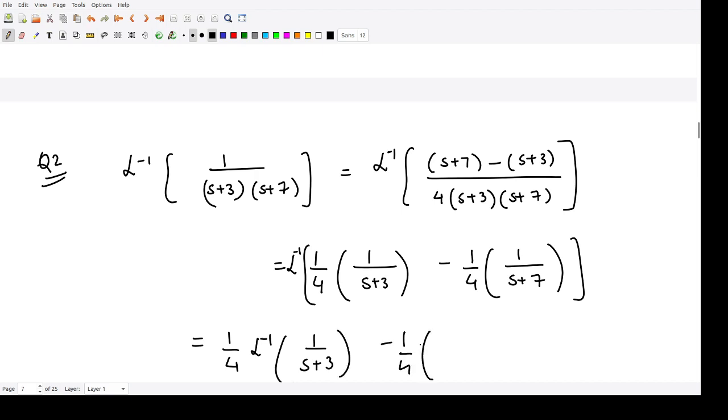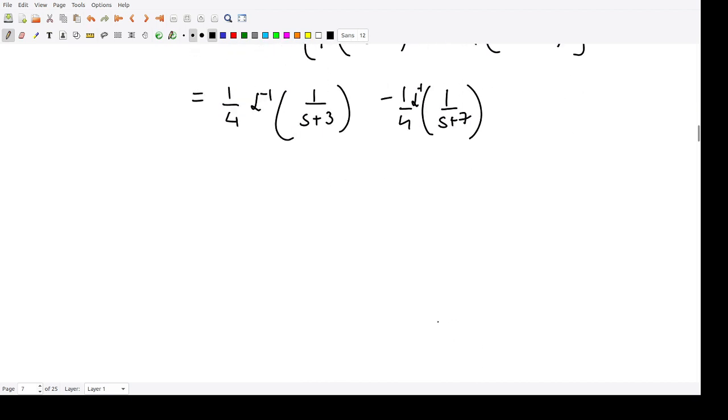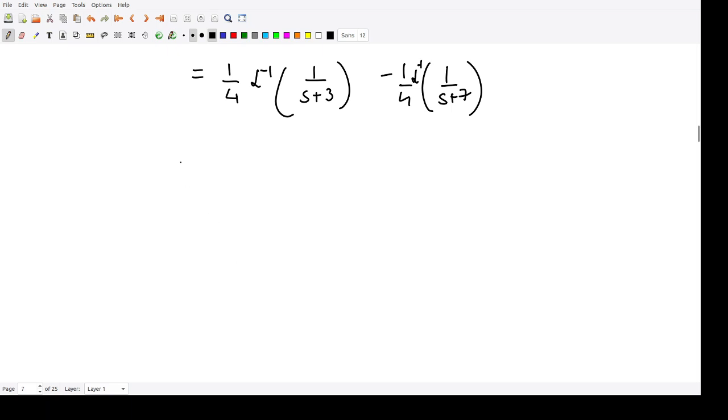So it would be Laplace inverse of 1 divided by s plus 7. So finally, using the inverse of the first shifting property, your final answer would be 1 by 4 e to the power minus 3t, and then minus 1 by 4 e to the power minus 7t. So this is the final answer, and this is the inverse Laplace transform of the function.